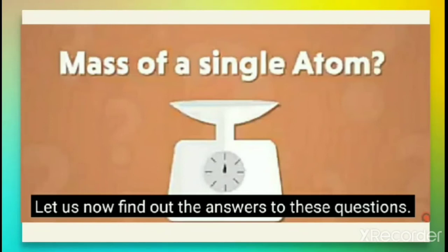Because of this, atomic masses are expressed in terms of relative masses, that means the masses with respect to the mass of an atom of a standard substance. If you remember, the carbon-12 isotope is taken as the standard substance.